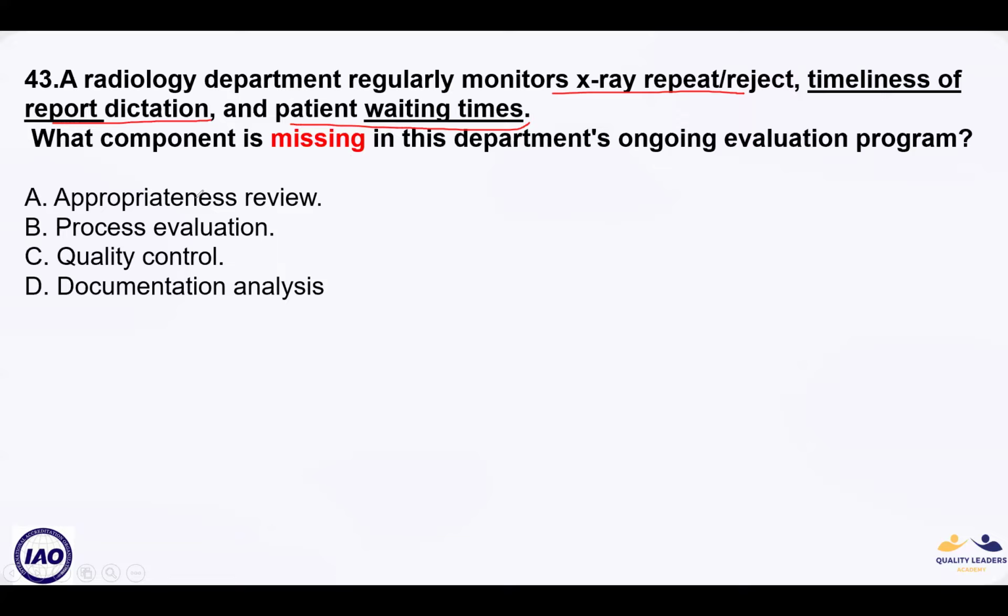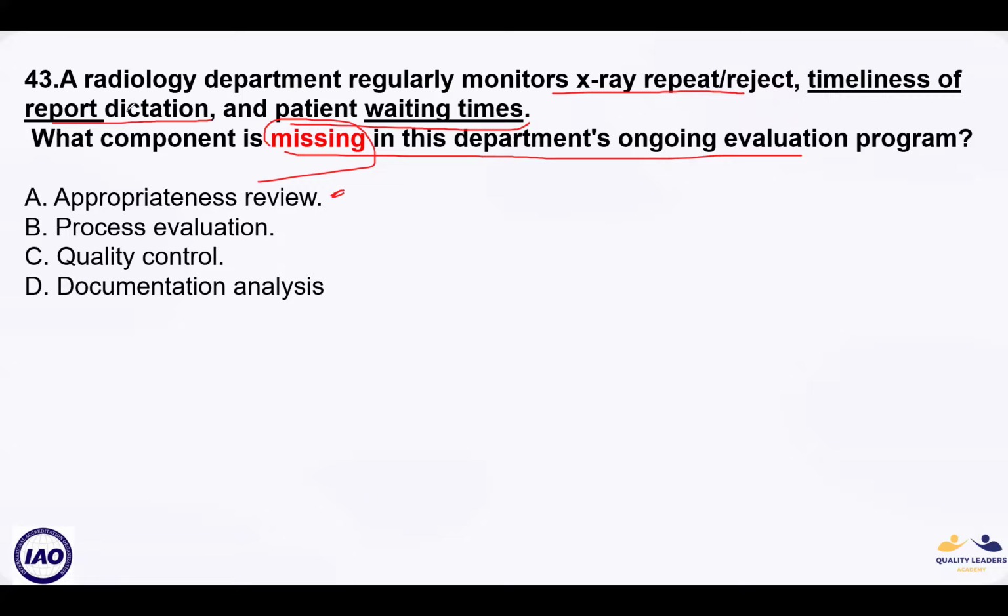Now, what is missing in this department's ongoing evaluation? Appropriateness review. Are the X-rays being ordered, whether they are indicated and appropriate, are they necessary? They're not measuring this. Process evaluation, they're already doing it.